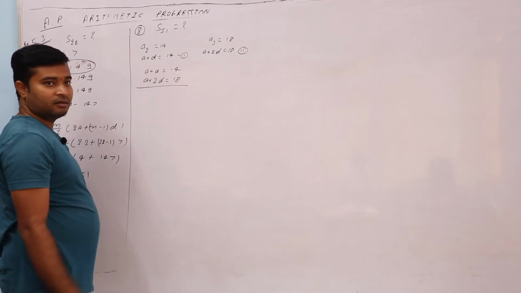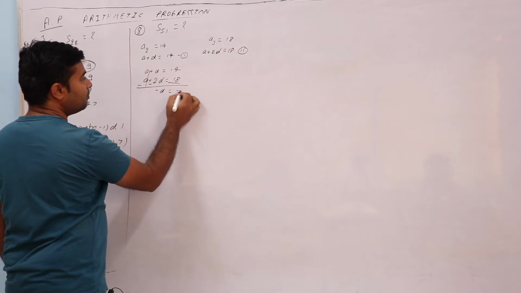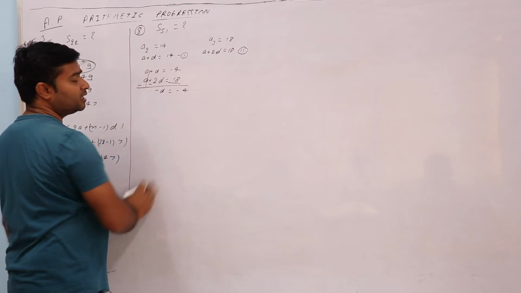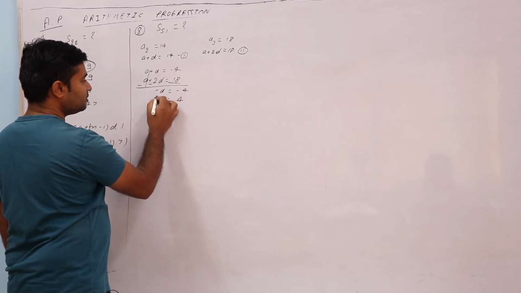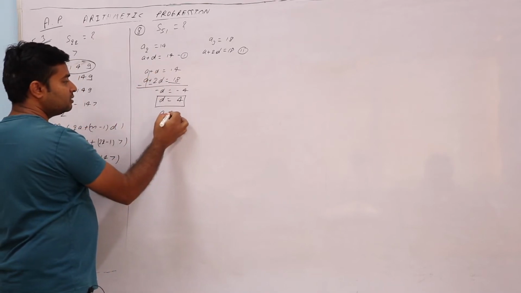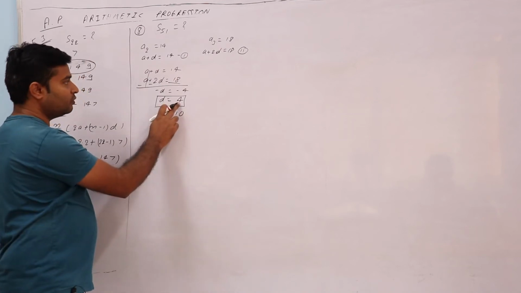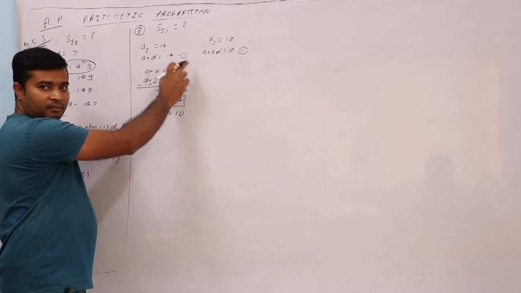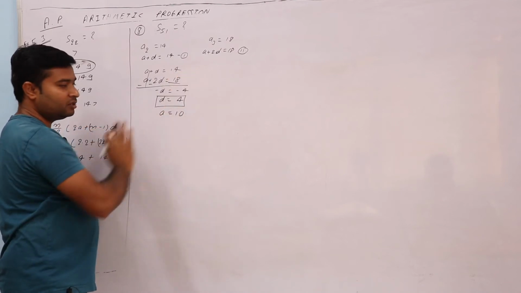Subtracting, minus D is equal to minus 4. 14 minus 18 is minus 4, right? So D is equal to 4. If D is 4, you can get the value of A. Put this 4 here: 14 minus 4 is 10. So A is equal to 10.